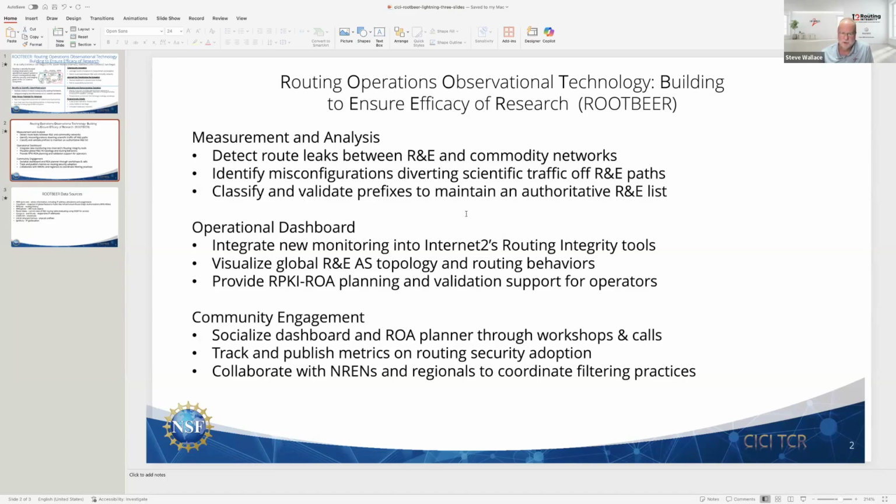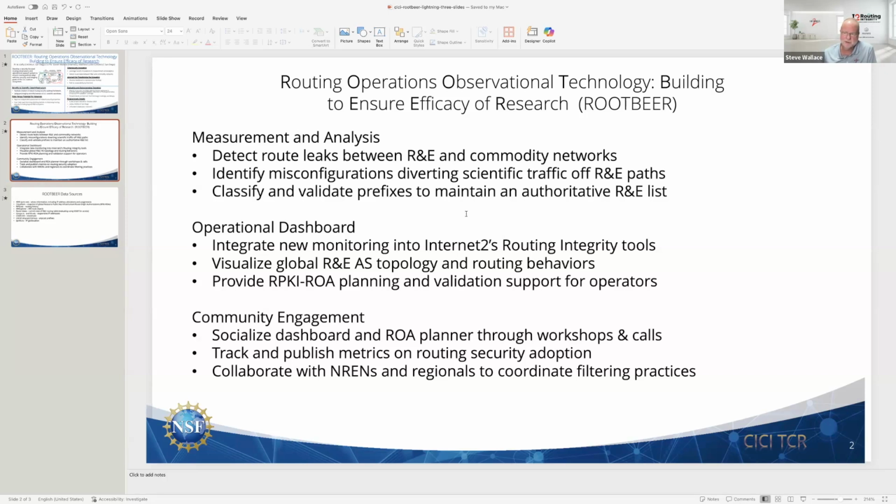So we're going to have good information about route leaks and routes that should be part of this global environment. We're going to have tools to make that information available and help people with ROAs, but we're going to need to do some significant community engagement to get people familiar with these tools, to assist them with using the dashboard and the ROA planner.